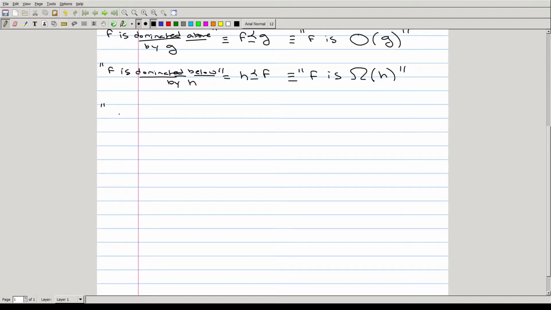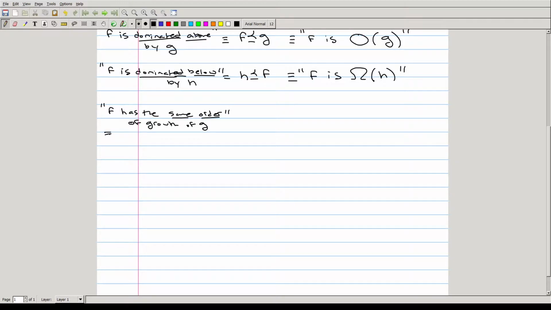And the next concept that we will define later on in the lecture is f has the same order of growth as g.